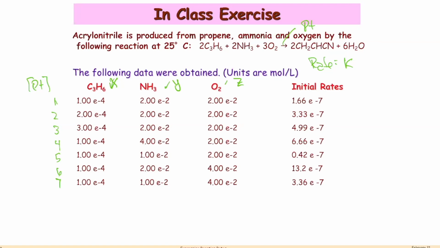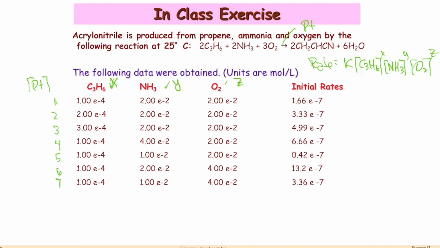And then we're going to look at propene, C3H6 to the X, ammonia, NH3 to the Y, and oxygen, O2 to the Z. Now, I could have easily named these A, B, and C, but you guys who are taking math know that we use the variables X, Y, and Z a lot.